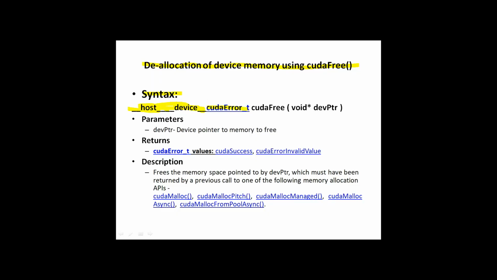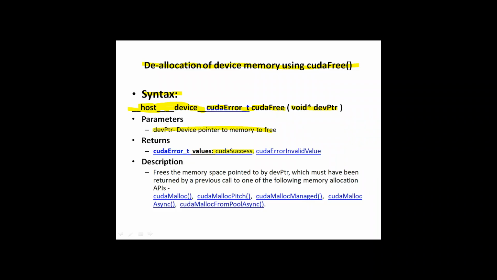Most functions have a return type of cudaError_t, to return if there is any error in the process. We have to send the pointer whose memory has to be deallocated. Parameter devPtr is the pointer whose memory has to be deallocated.